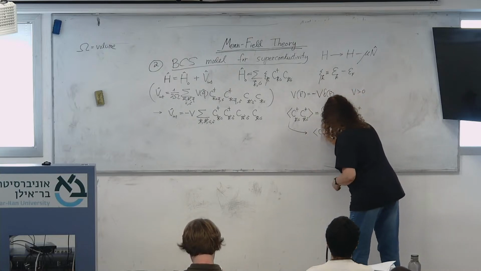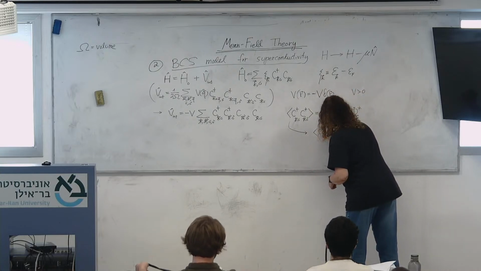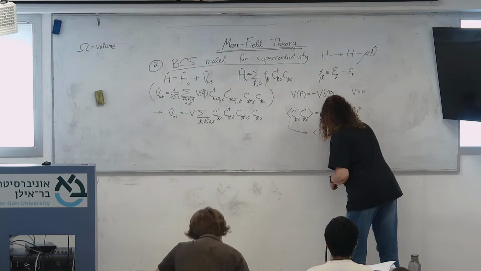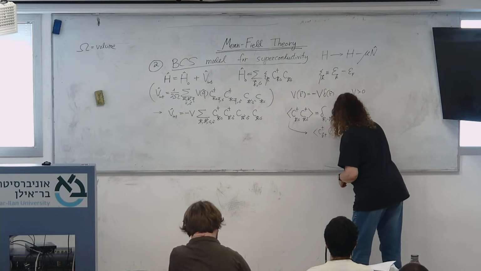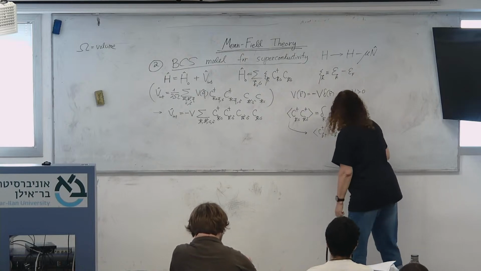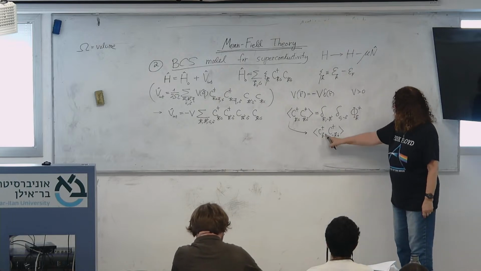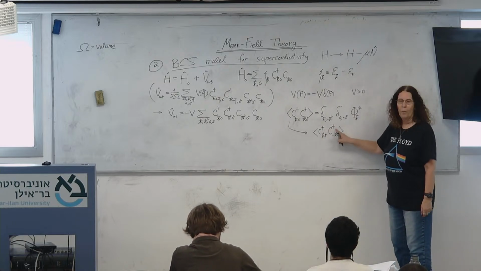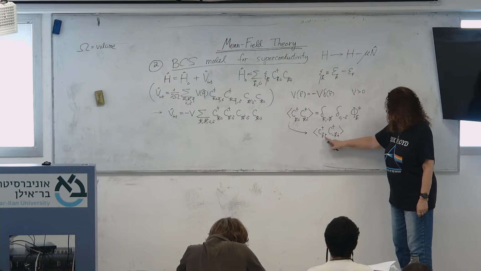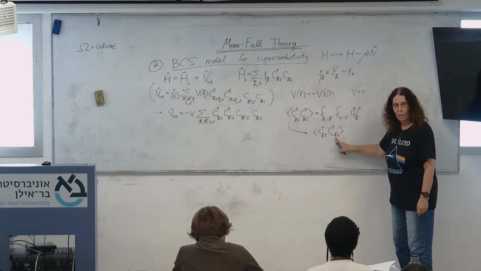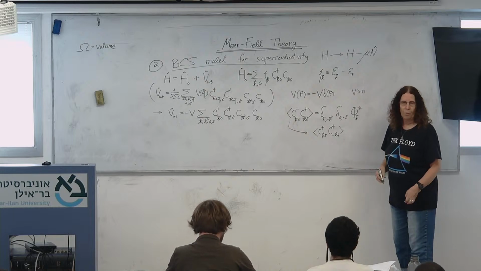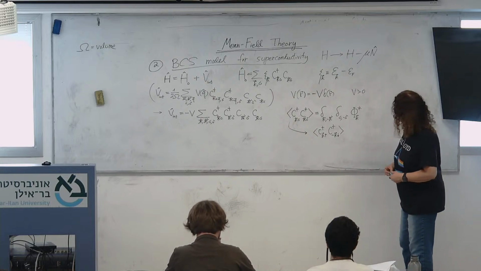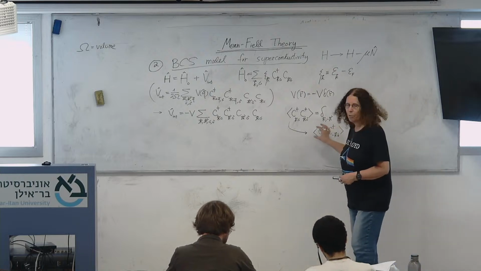What it basically says is it's the expectation value of two creation operators with opposite momentum and opposite spin. And only that is non-zero. Okay? So in a sense, what does it describe?